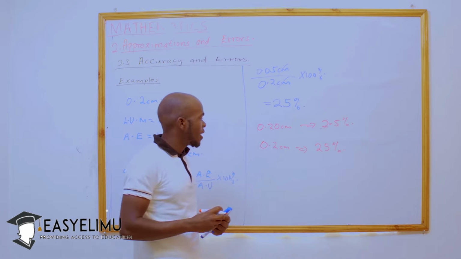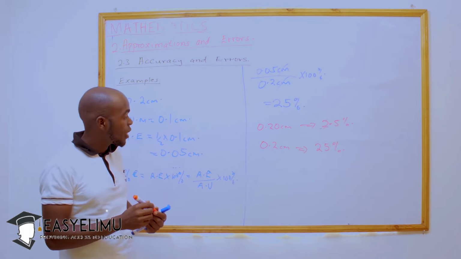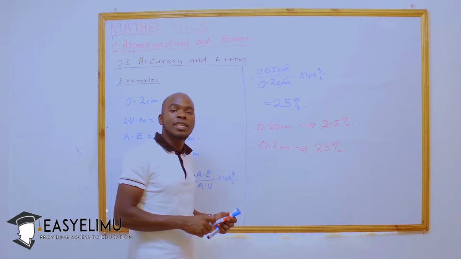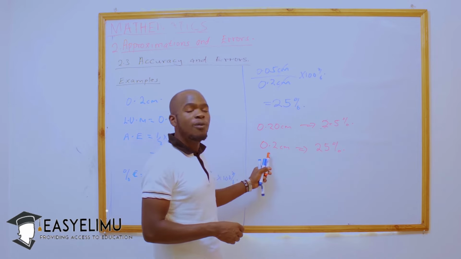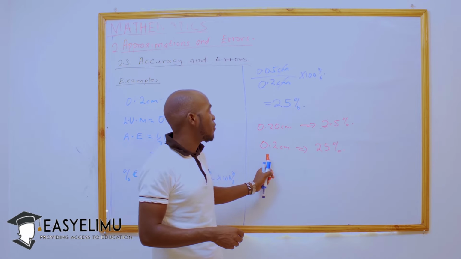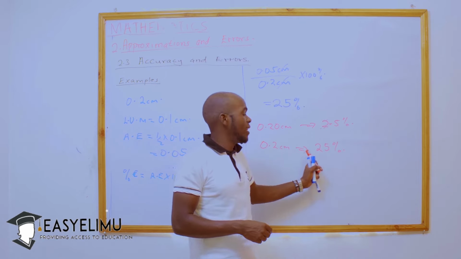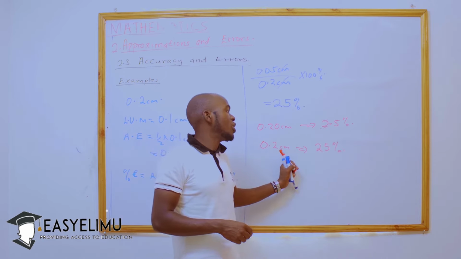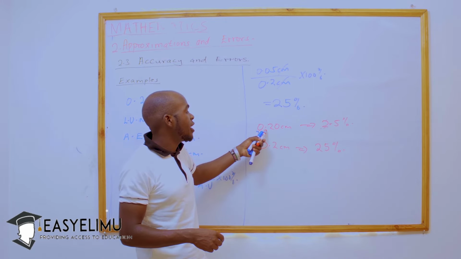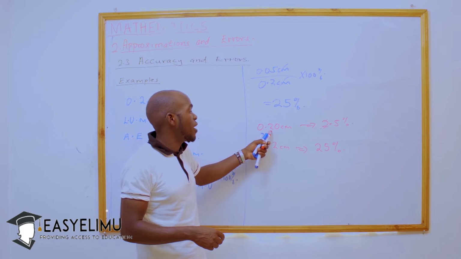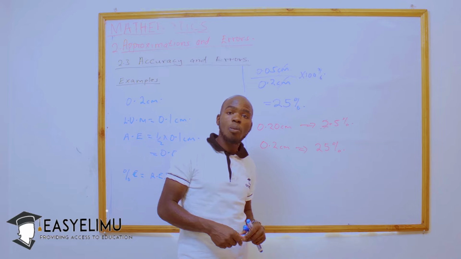So when you give more decimals of accuracy, it is much more reliable than giving few. You can see the percentage error in the case of 0.2 is much larger than when it is stated in more decimals. So we can see this is 25 and this is 2.5.